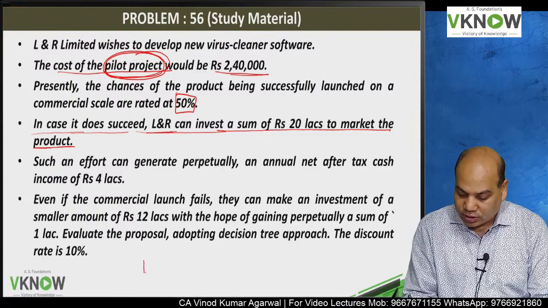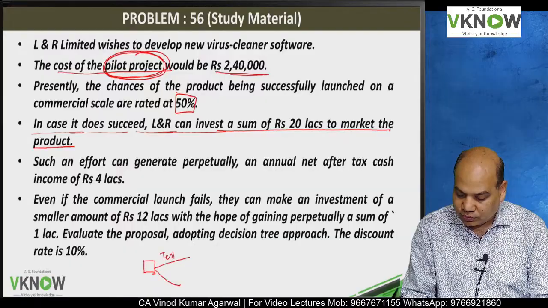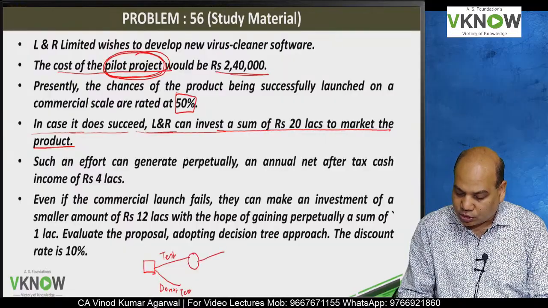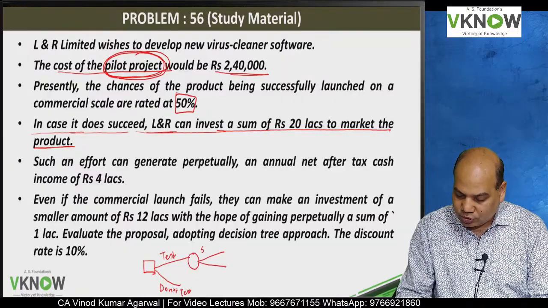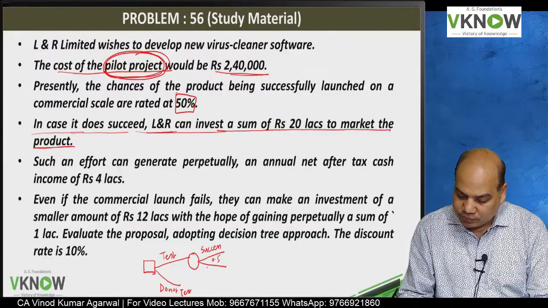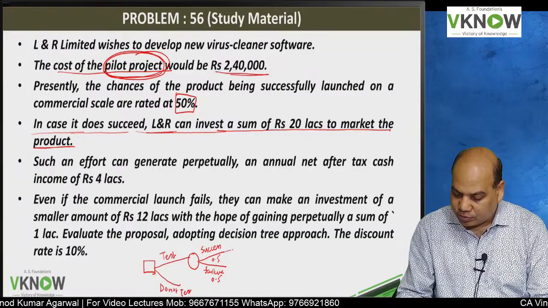So suppose I start from here. One option is to do test. Second option is here, do not test. If you test, here will be the outcome. You will get success with 0.5 probability, or you may get failure with 0.5 probability.